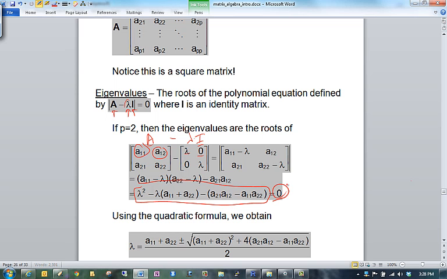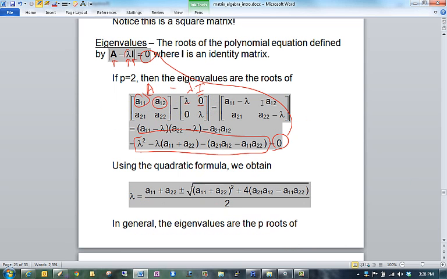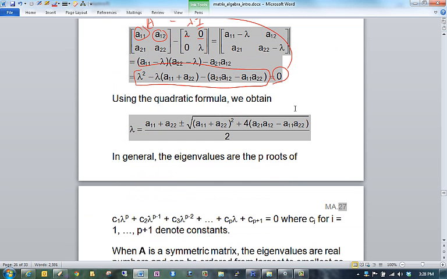I set it equal to 0, and I solve for the possible values of lambda. You learn in your basic algebra class how to do this using the quadratic formula, for example. And lambda ends up being this expression here. This is for a 2 by 2 matrix.